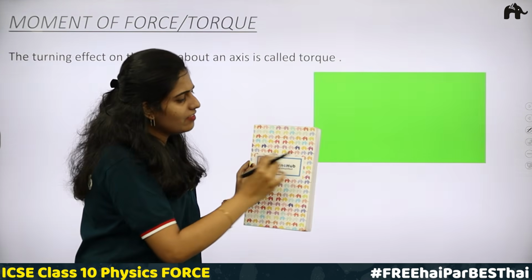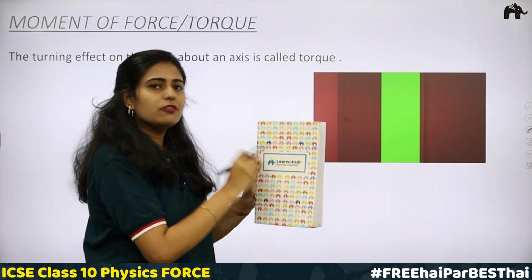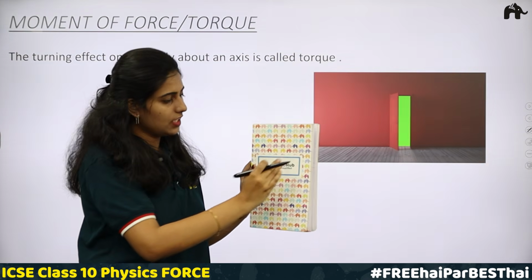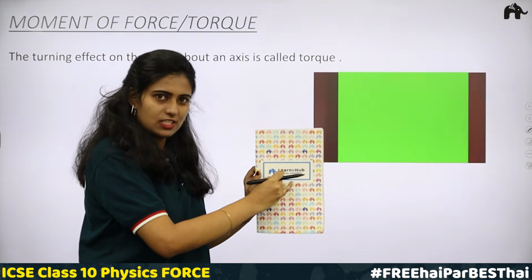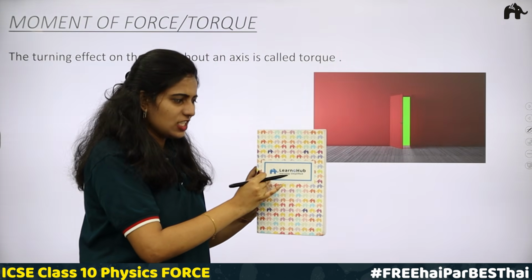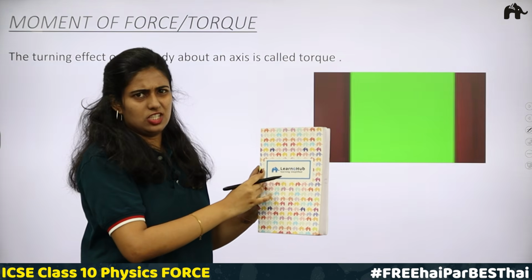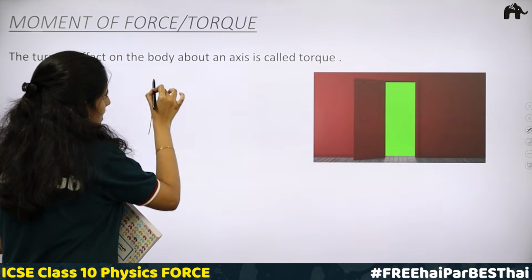Why have I chosen this point? Why not this point? What will happen if I apply a force here? Applying a force here, I can rotate it. Even applying a force here, I can rotate it. Applying a force here, the rotation is very difficult. When I am applying force here, there is no rotation. So what did you understand from this? Here, let us take the case of this book.